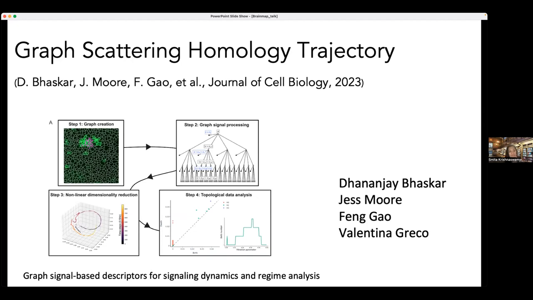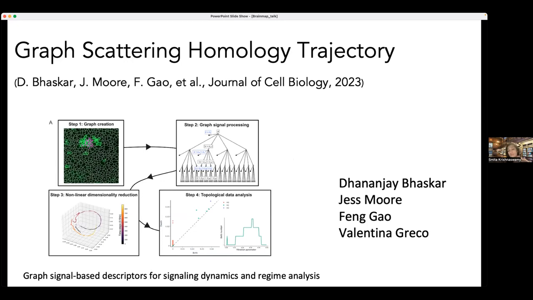What this is trying to take into account is spatiotemporal dynamics. T-Fate takes into account temporal dynamics in brain activity, but this puts the brain activity onto a spatial substrate and takes into account the spatial as well as temporal localization of these signals.